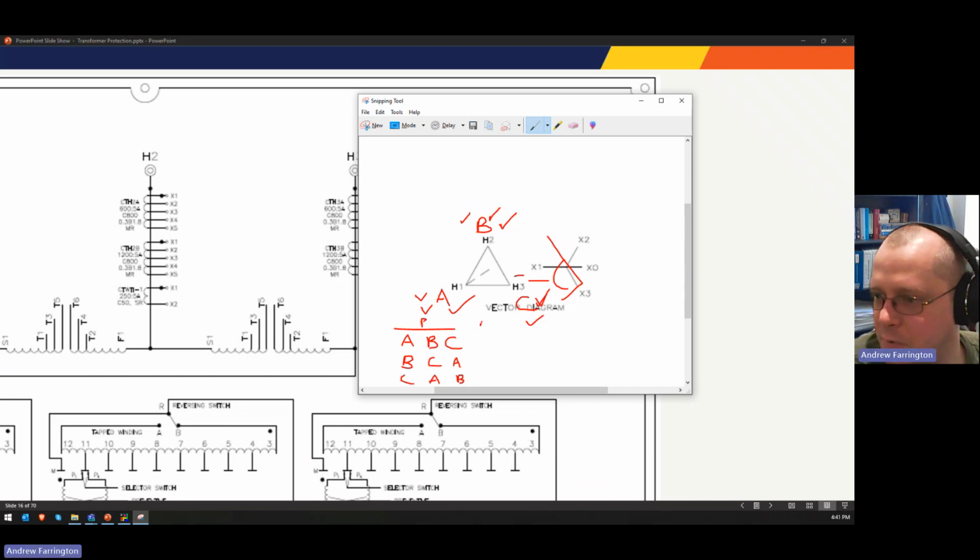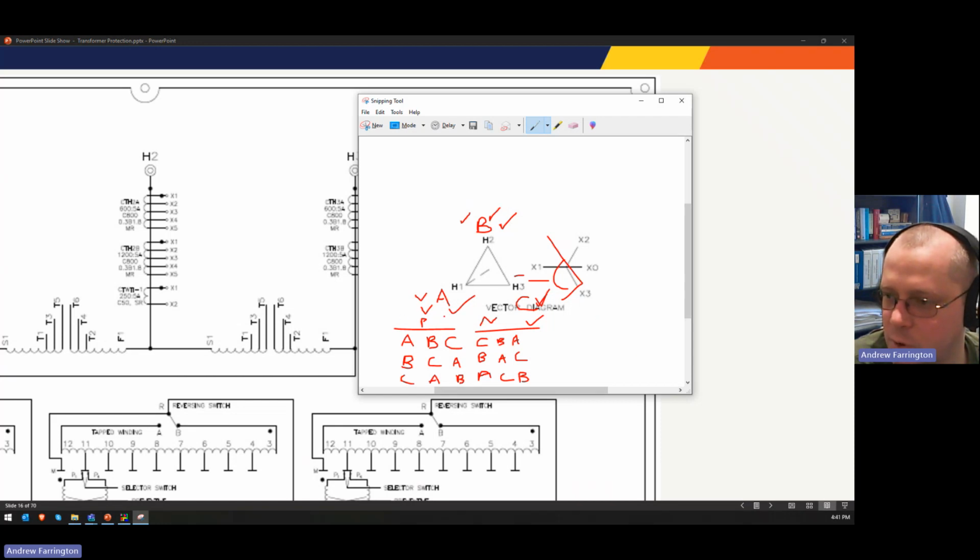And then negative would be the opposite, right? So it's C, B, A, B, A, C, or A, C, B. Okay, so you have three positive sequence connections that you can potentially do, and then you have three negative sequence connections that you can potentially do.